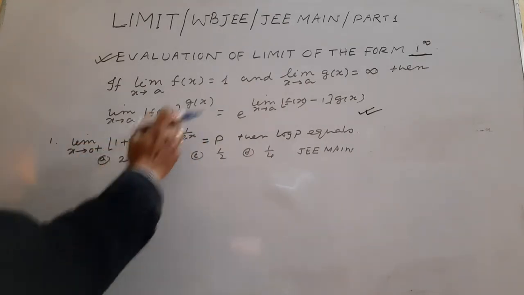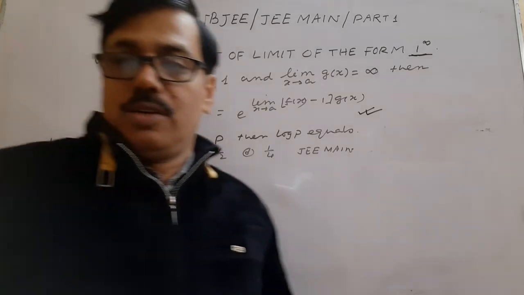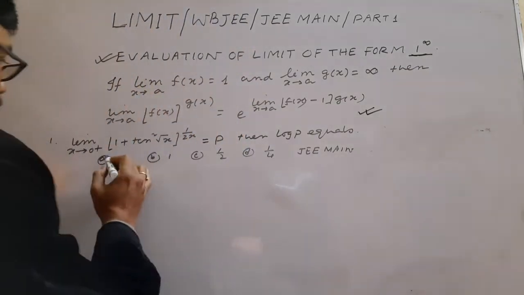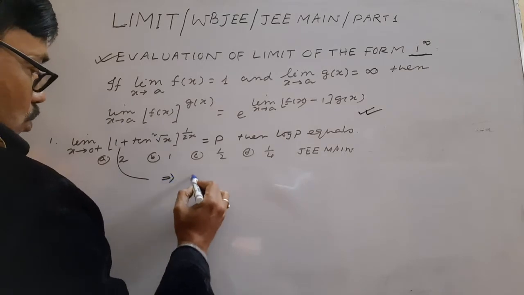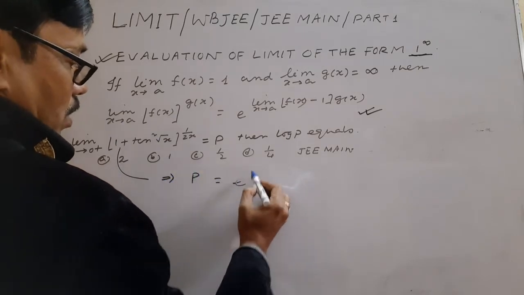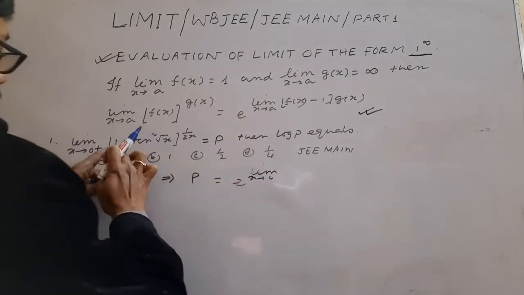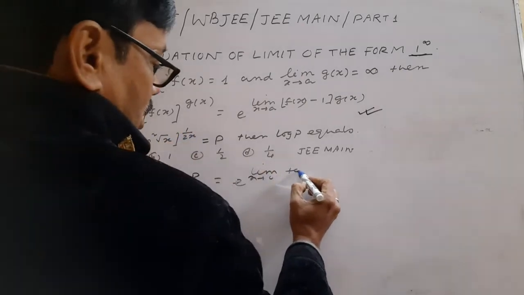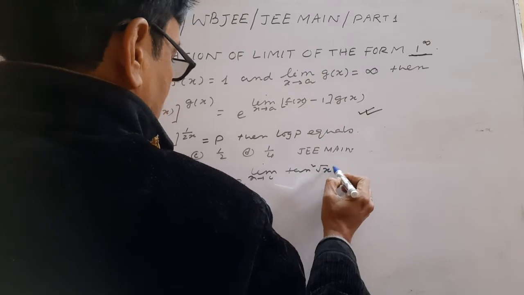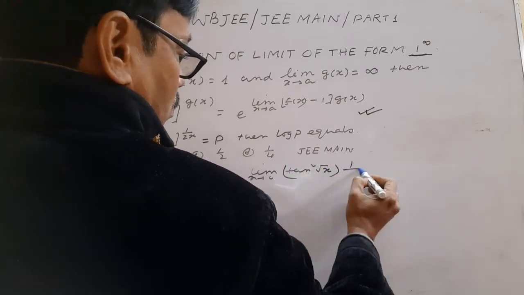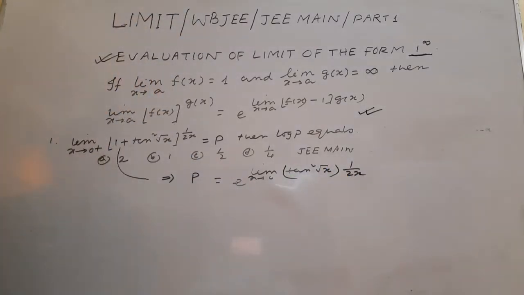This is 1 to the power infinity. So same theory. So p equals e to the power limit x tends to 0, f(x) minus 1, so tan square root x, into 1 by 2x. This is f(x).